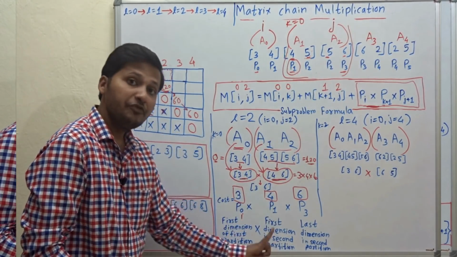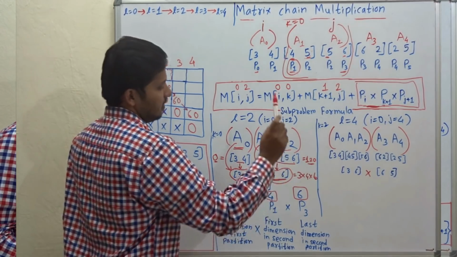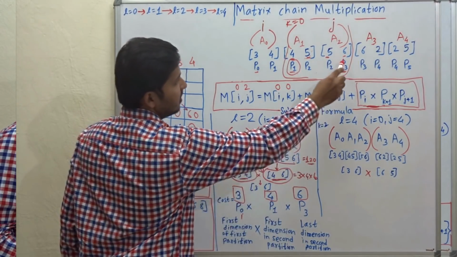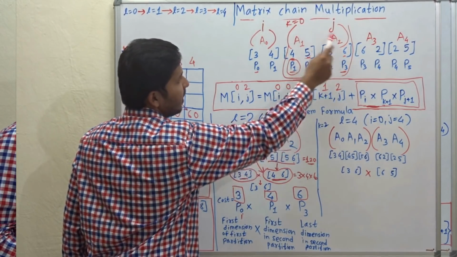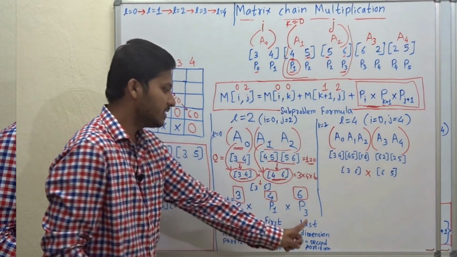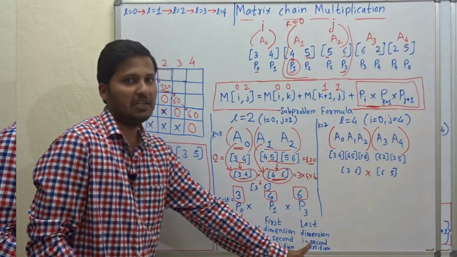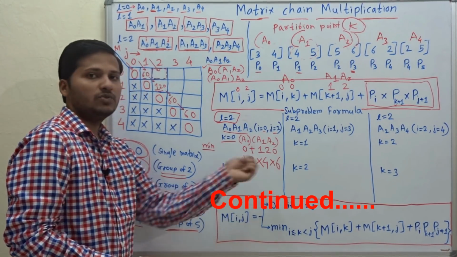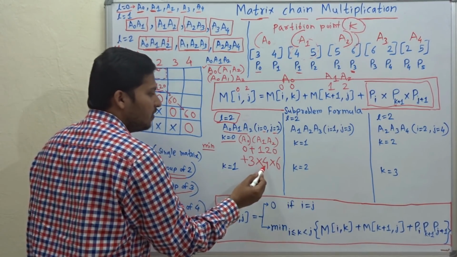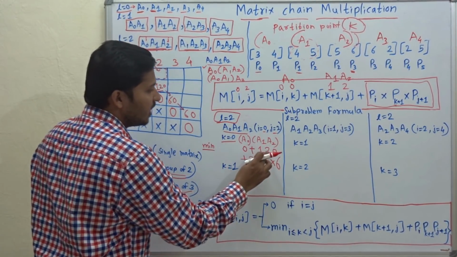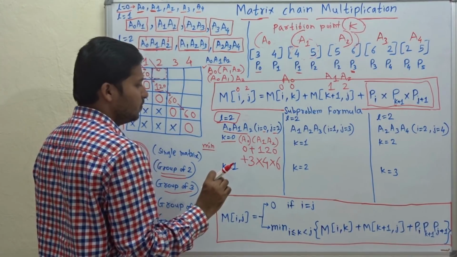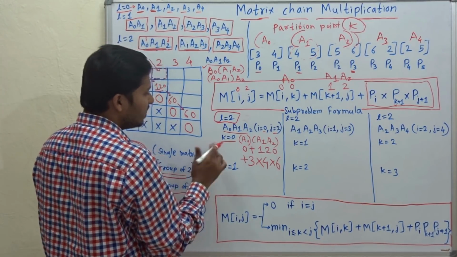That is what I have written here. And P3 is the last dimension in the second partition. So 3 into 4 into 6. 3 4s are 12, 12 6s are 72. So that means 120 plus 72, which is equal to 192.